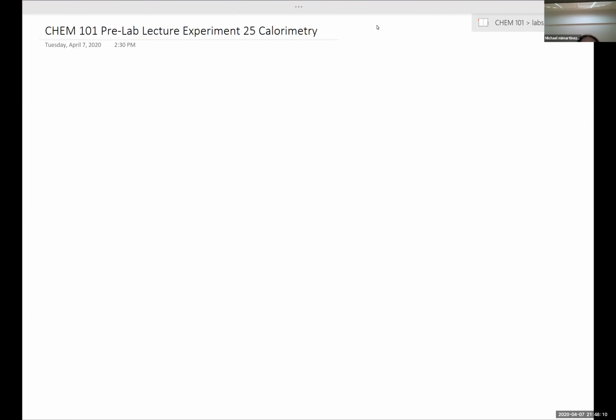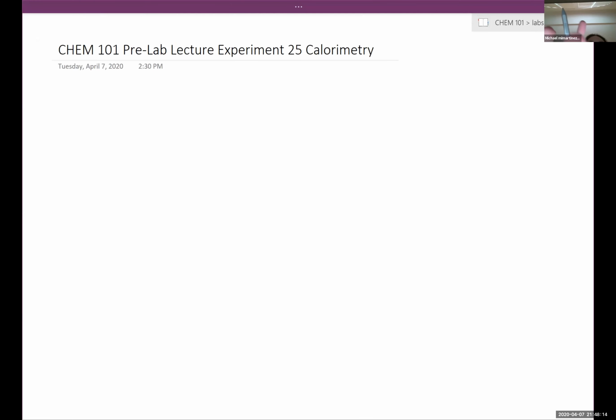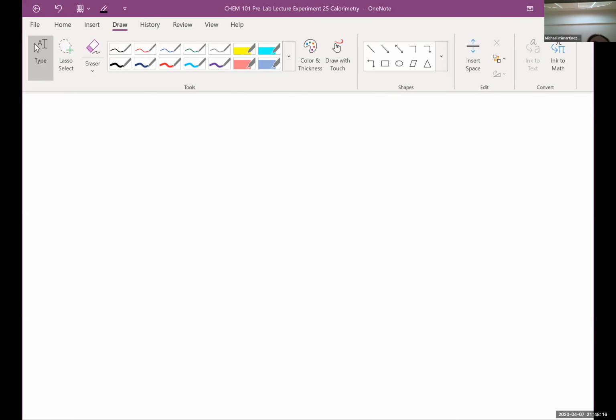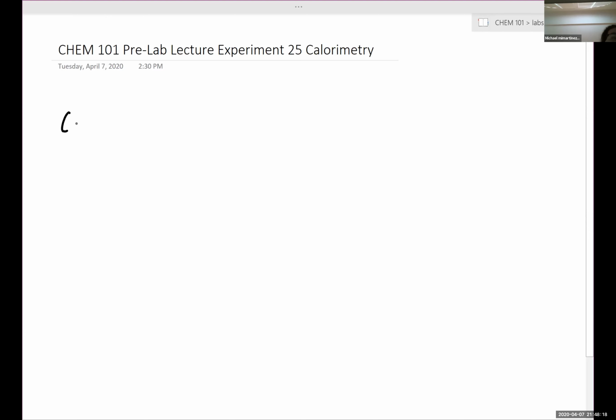Okay, so today's experiment, let's zoom in, let's get this set up. Okay, so today's experiment is calorimetry.